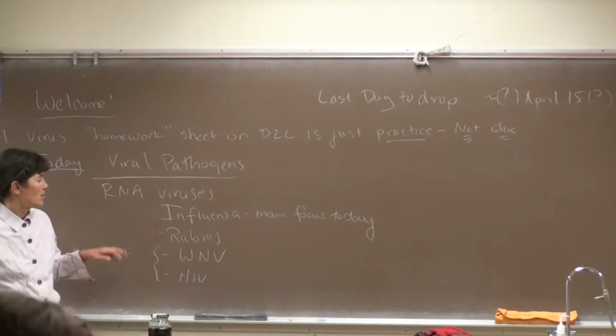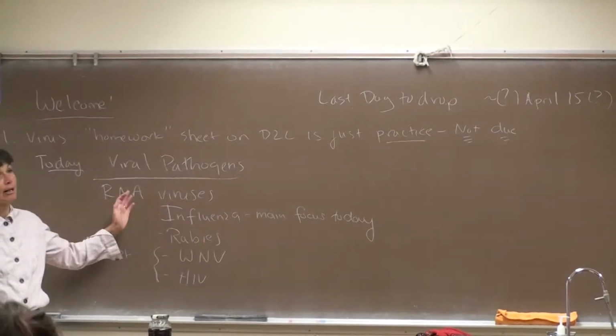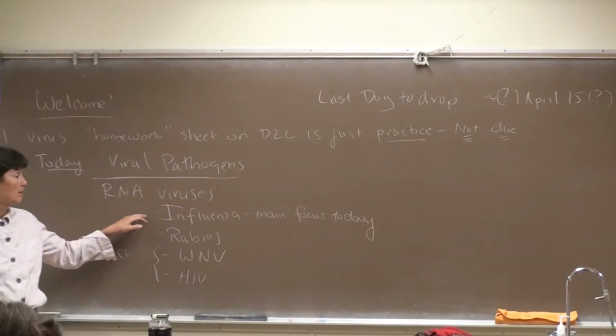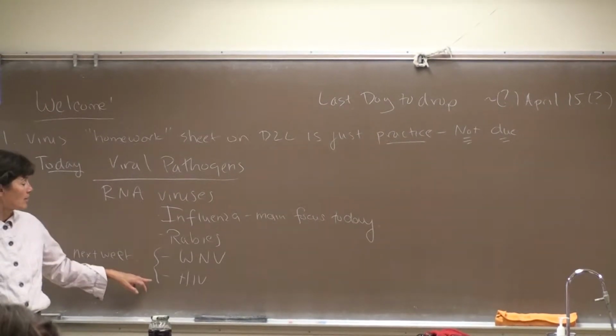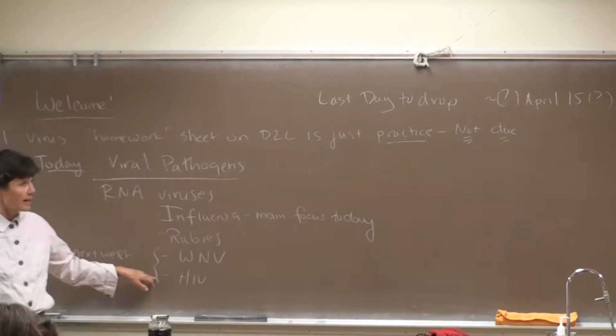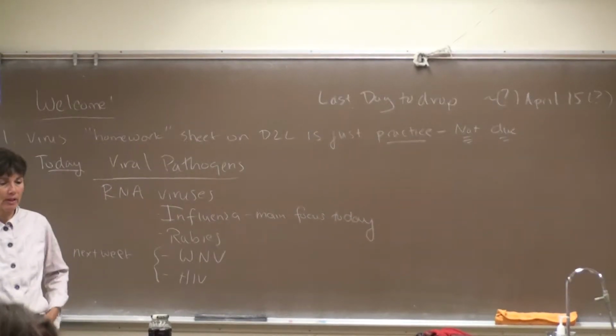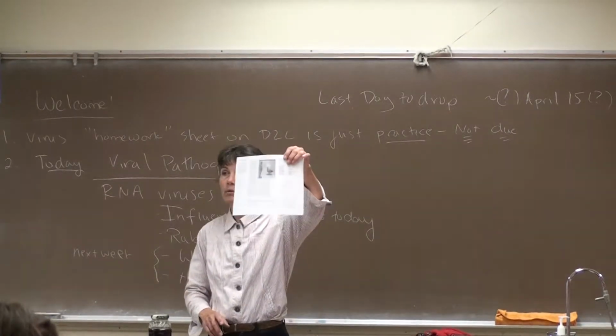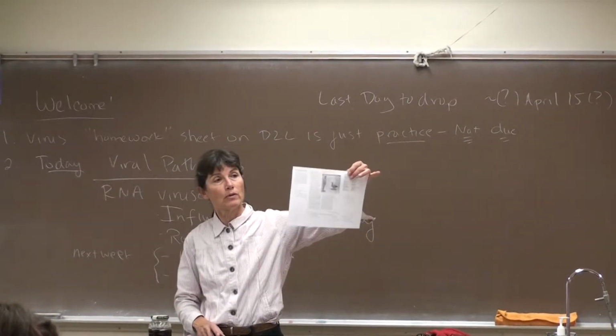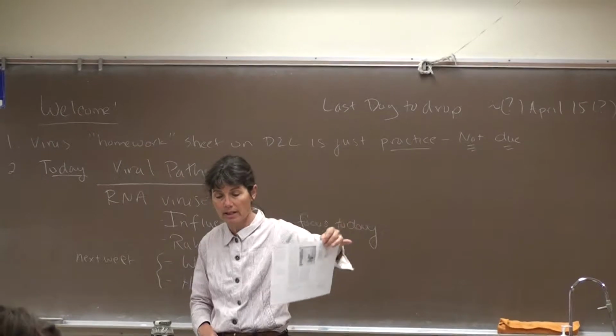The RNA viruses we're going to touch on today, probably most molecularly on influenza virus, and then very lightly on rabies virus and West Nile virus, and next week we'll have quite a bit on HIV. There are 2 handouts from today. One is on influenza virus and host and tissue tropism, which we'll be discussing.